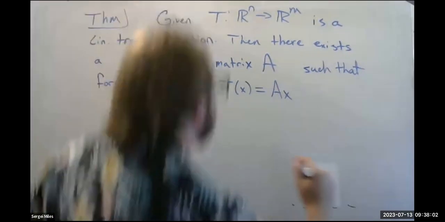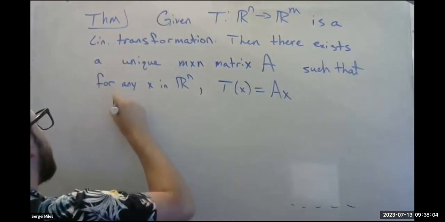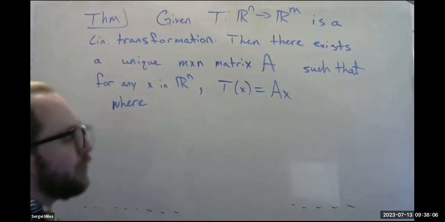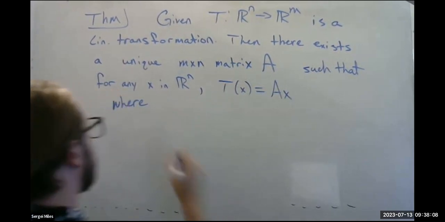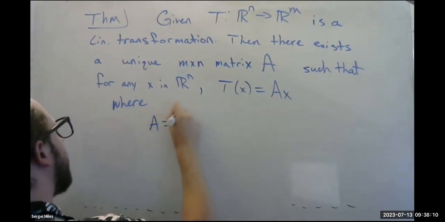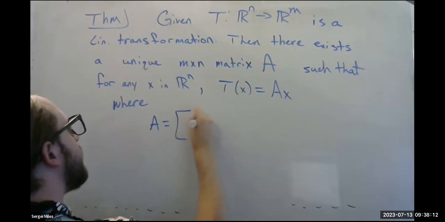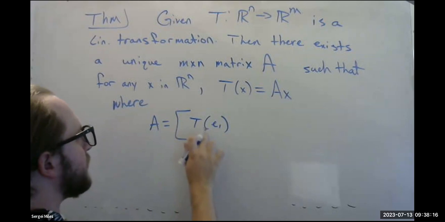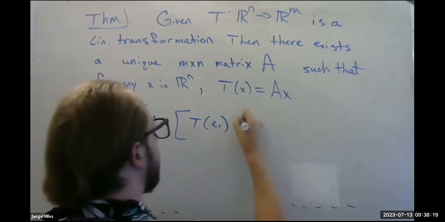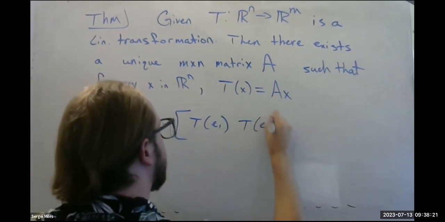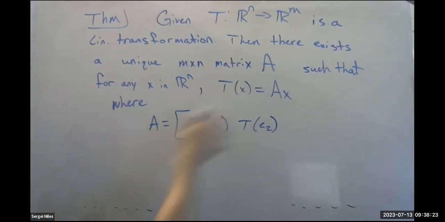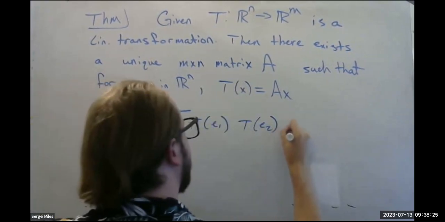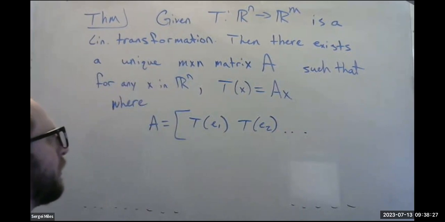Here's the new piece, where I can now give you a formula to find the matrix A. The matrix A is going to be where the first column is what you get when you plug the first identity column into T. If you know what this is, that's the first column of A. If you plug in the second identity column, that tells you the second column of A. Dot, dot, dot. How many are there?